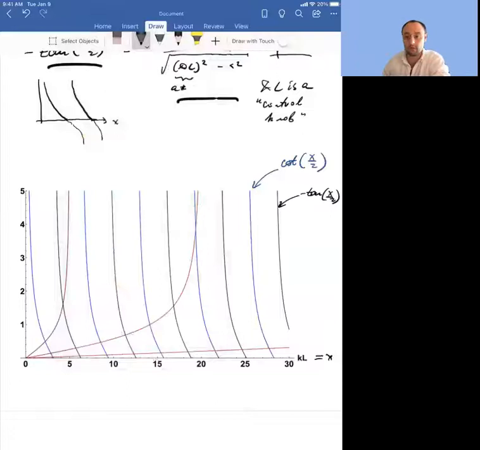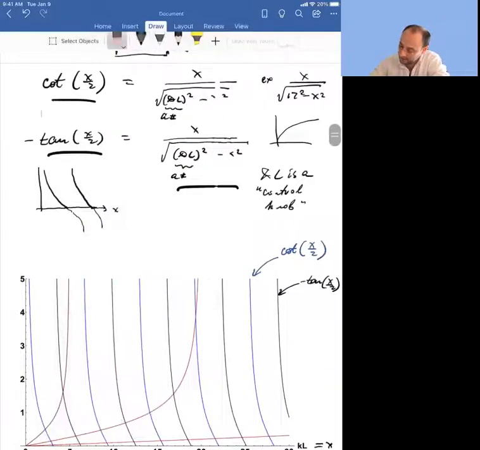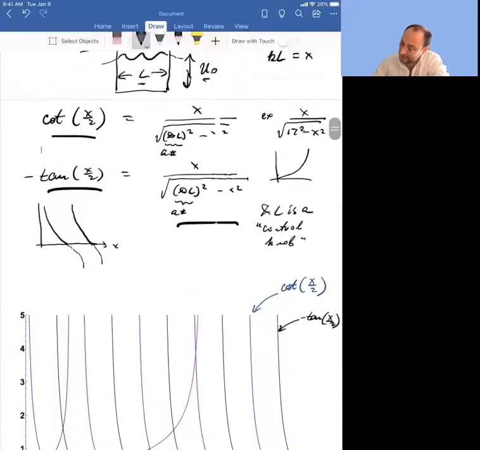It's a periodic function. And these other looking things are this right-hand side. So the right-hand side is basically X over the square root of some number minus X squared.